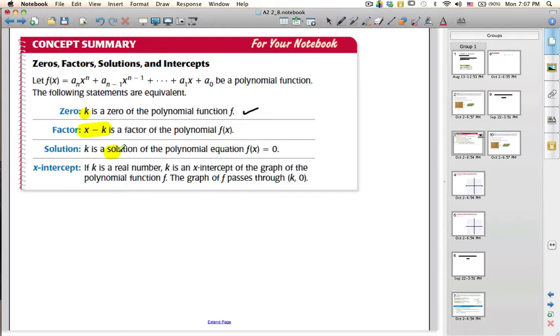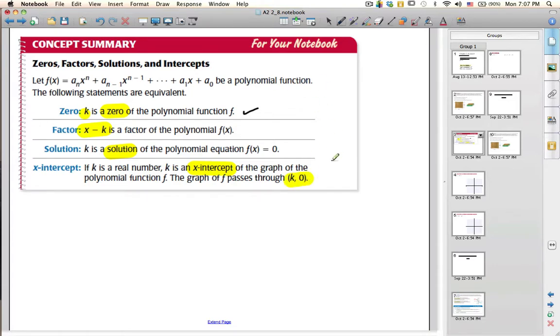K is a solution, right? So we call it a zero, we call it a solution. And if k is a real number, then it is an x-intercept. If it's an imaginary number, then it's not an x-intercept. And our graph of the function f passes through (k, 0), meaning that's how we graph our x-intercepts.